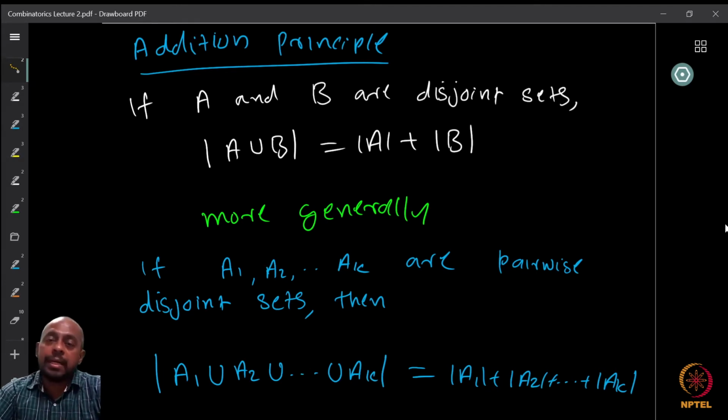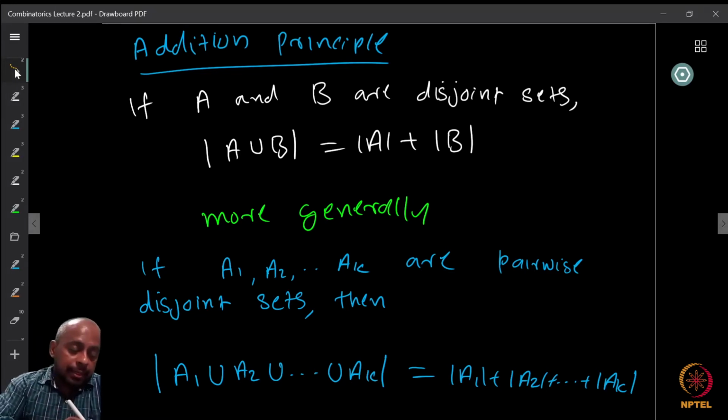This is called the addition principle. If we want to use addition to count things, we can use this principle, but we require them to be disjoint. So if A and B are disjoint, then the cardinality of A union B is equal to the cardinality of A plus the cardinality of B.